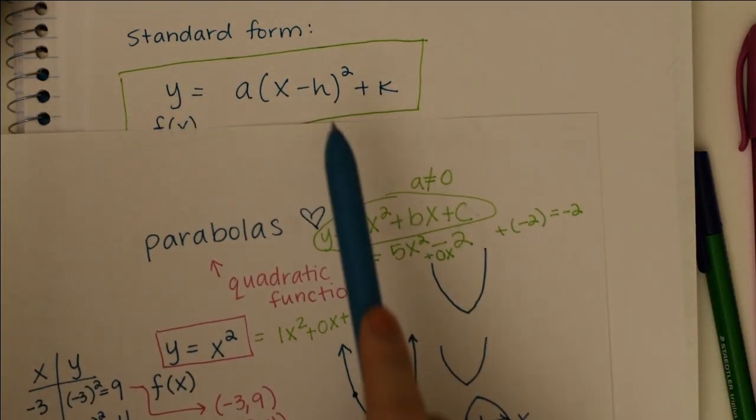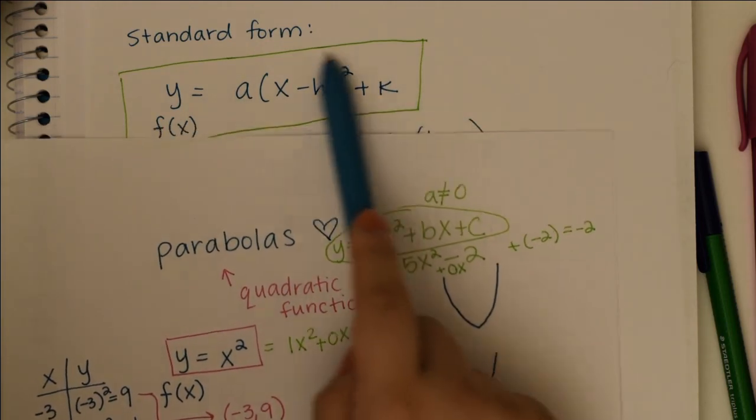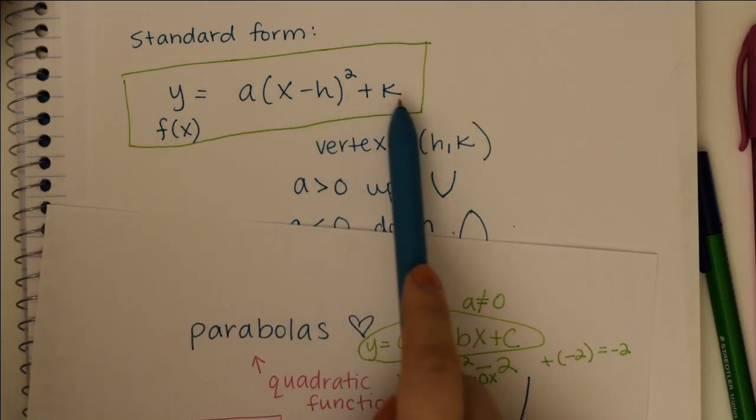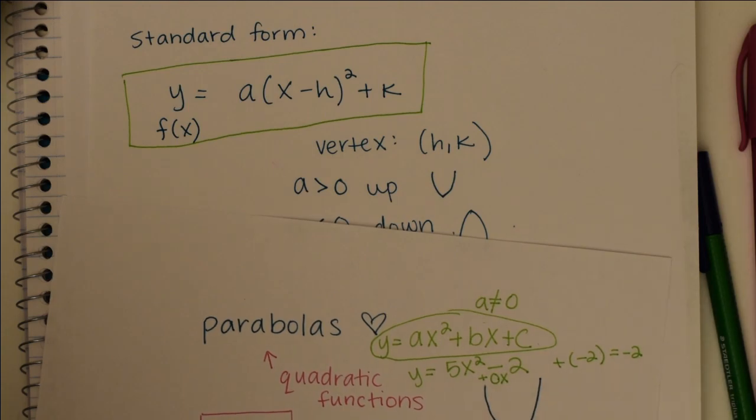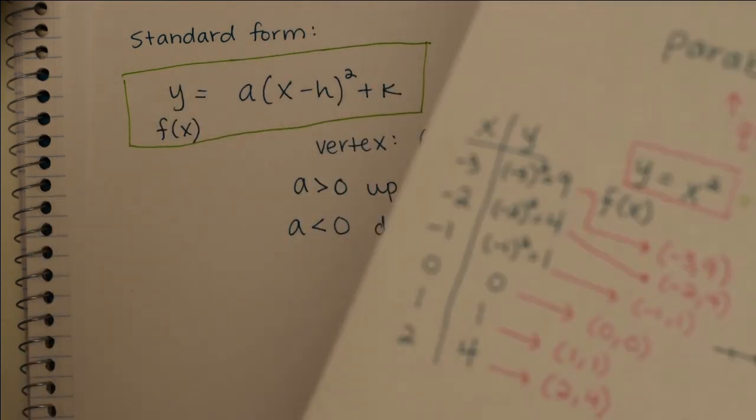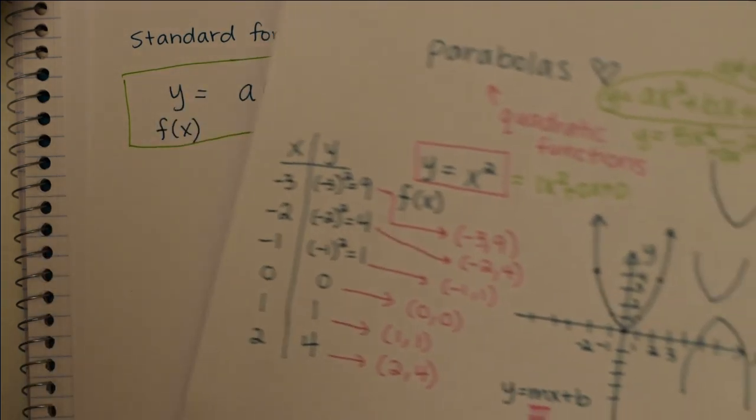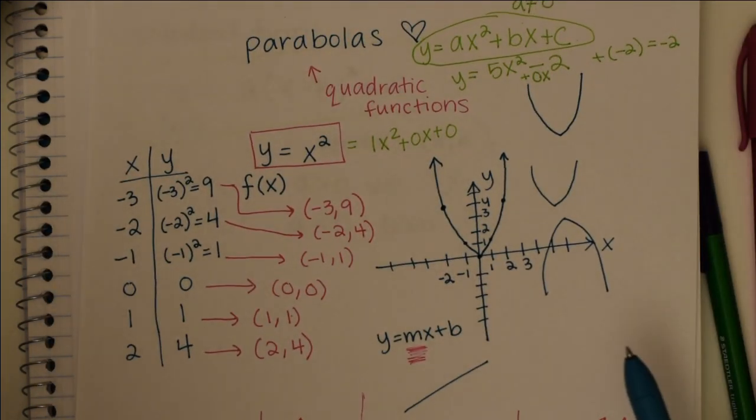So you go from this form to this, and from this you can read your h comma k as your vertex, okay? And then you should be able to graph it from there.